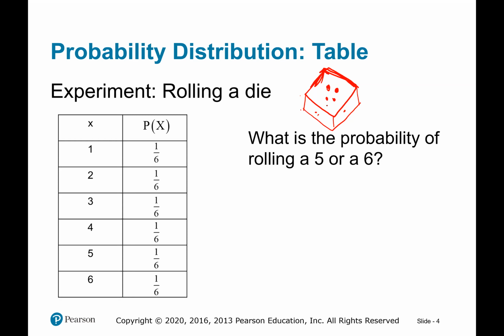Now all of the x in here is talking about the outcome, right? So the first one is the outcome for number 1, and the second is for number 2, number 3, number 4, number 5, and number 6 down here. And the second column is talking about the probability of each outcome.